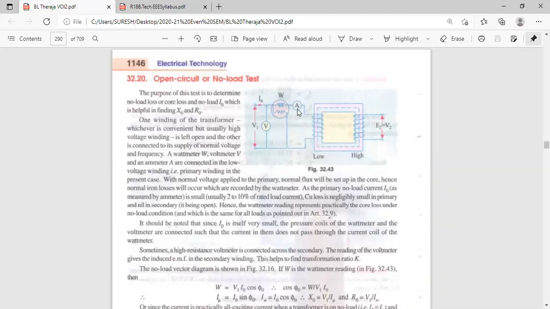For measuring current. Wattmeter? Measurement of power. That power loss is the iron loss. Whatever power loss occurs in the iron piece is measured by this wattmeter.